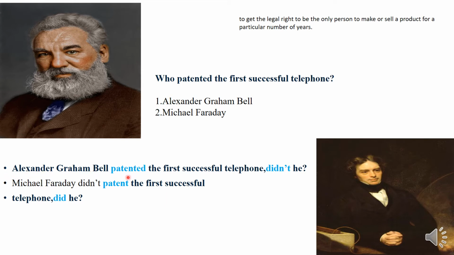Alexander Graham Bell patented, the verb patented is in the past, and here we use didn't he, the auxiliary do in the past. Michael Faraday didn't patent, here it's negative, we put did he, the auxiliary in the past, in a positive.